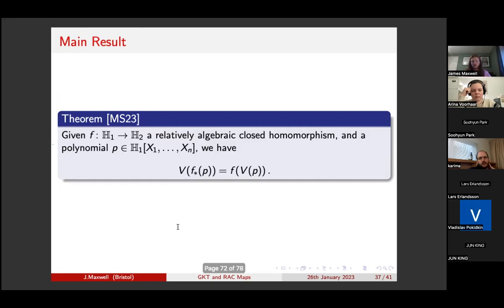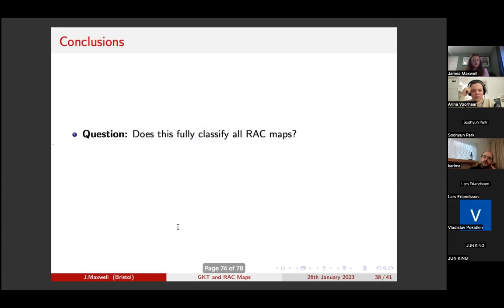So we're not requiring to have something necessarily tropical or the tropical hyperfield. We can do this for a general RAC map. And actually the proof mirrors the case of the tropical hyperfield with a few small tweaks and adjustments.